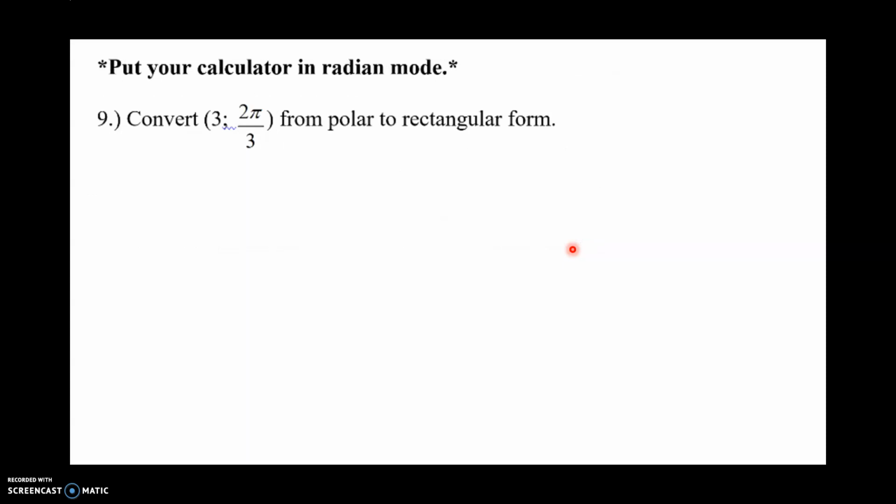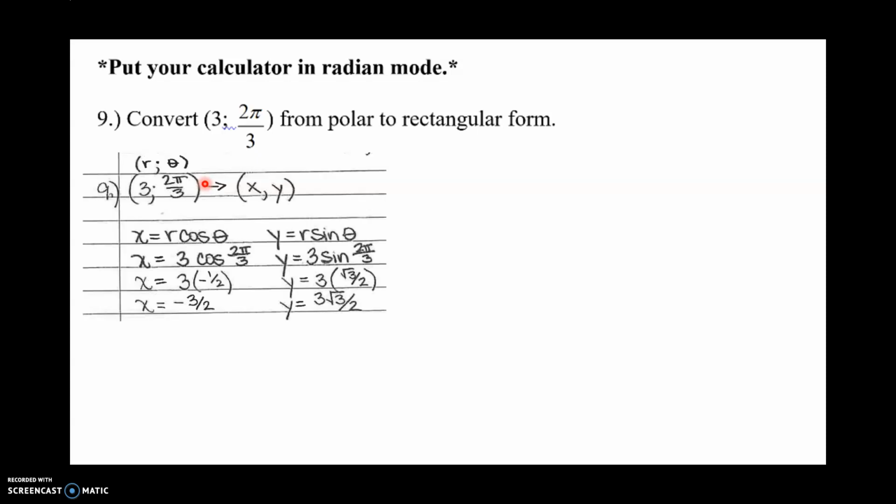Now on your test, I reminded you that at this point you need to switch to radian mode on your graphing calculator. And we want to convert (3, 2π/3) from polar to rectangular form. On your formula sheet, it tells you the formulas to do that are x equals r cosine theta and y equals r sine theta.